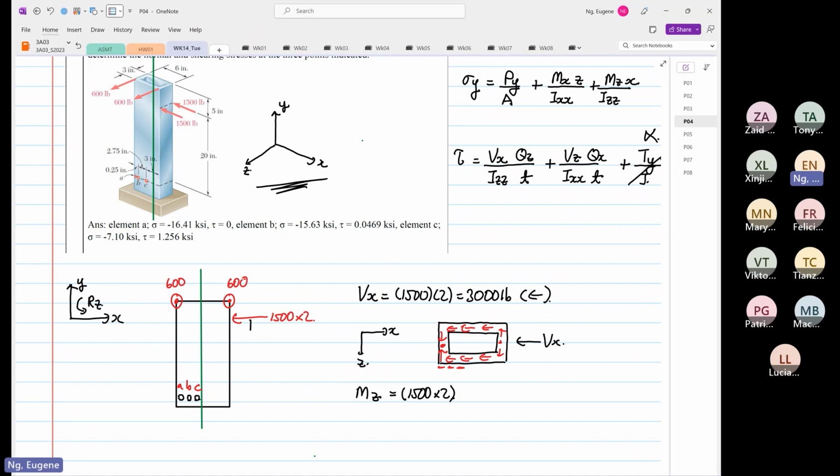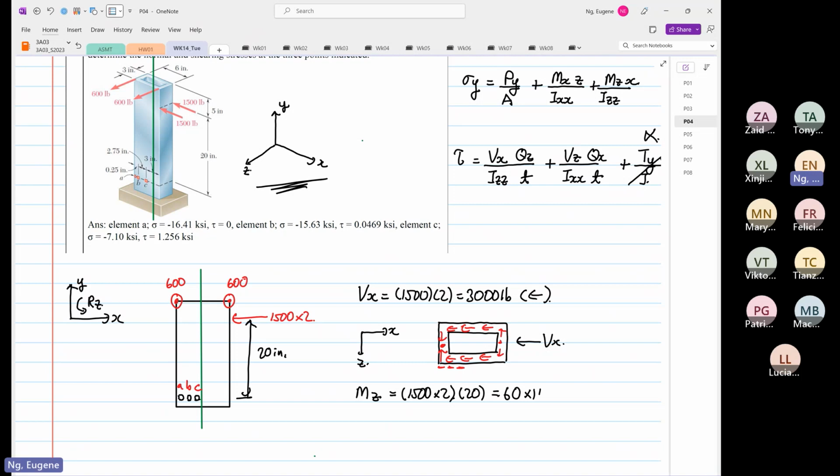So we multiply by this distance over here, which is 20 inches. So using our calculator, 1500 times 2 times 20 is equal to 60,000.